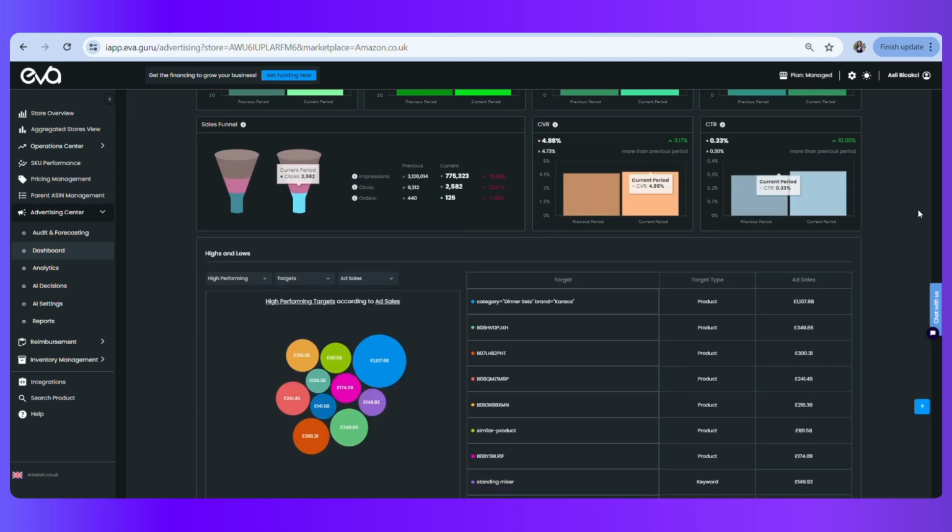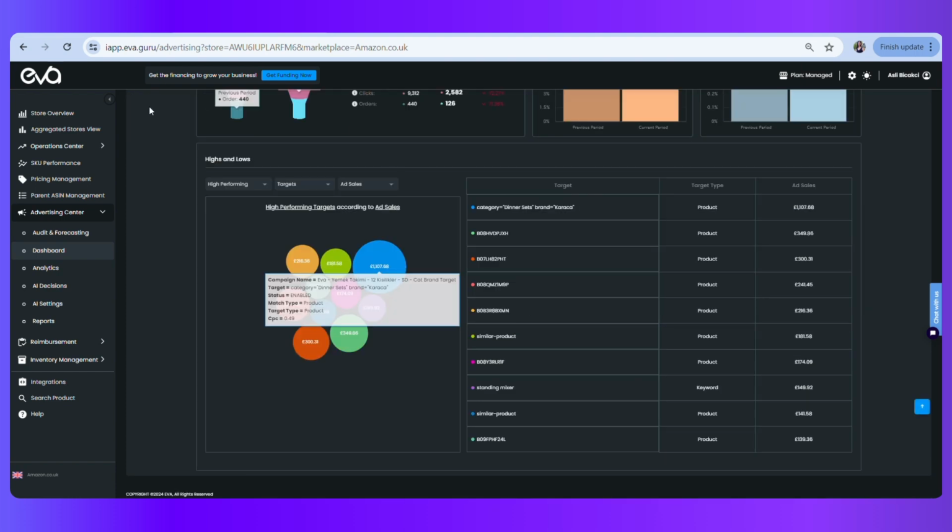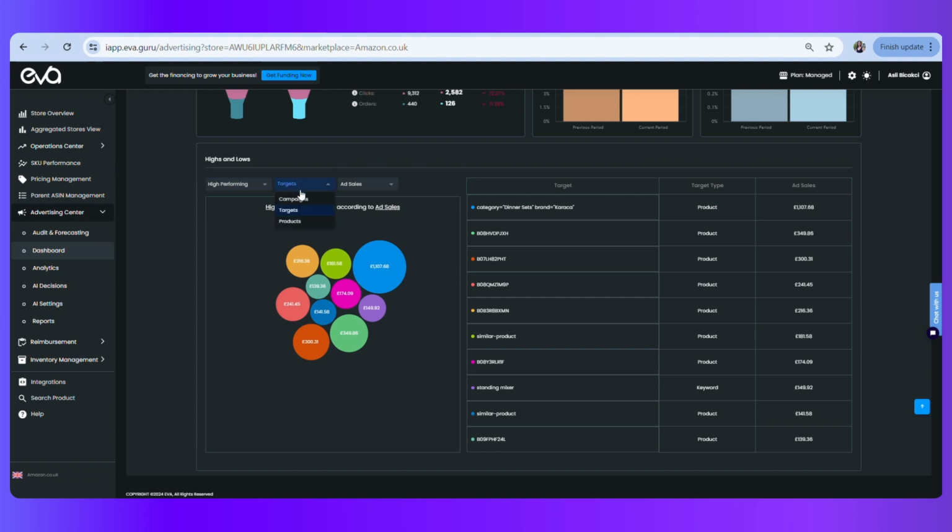And also in the charts below, these are highs and lows. We can track the high-performing or low-performing targets, campaigns, and products by considering the impression, click, ad sales, and ad orders metrics.